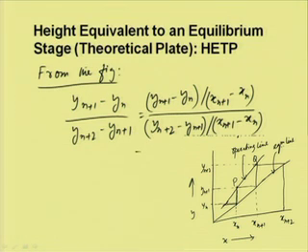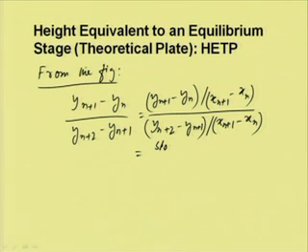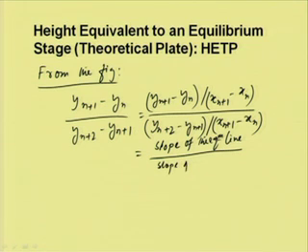So, which is equal to the slope of the equilibrium line divided by the slope of the operating line. So, which we can write as m by L dash by G dash.